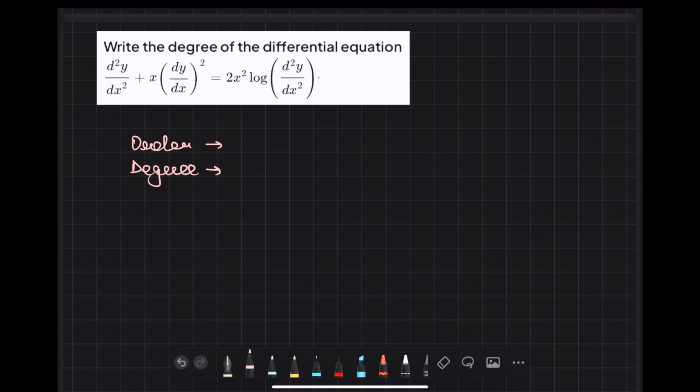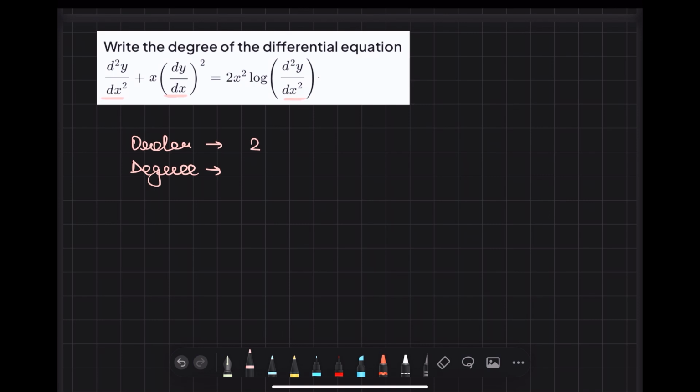This thing is differentiated twice. So 2 times, 1 time, and 2 times. The highest number of differentiations we did is 2, so order is 2. And the highest power of the highest differential defines the degree.